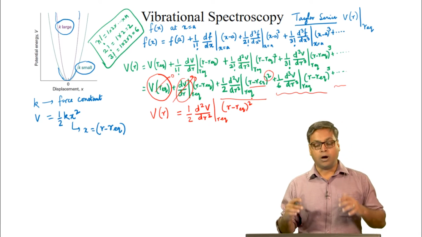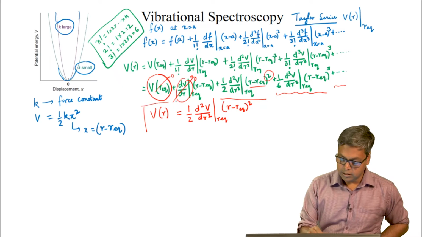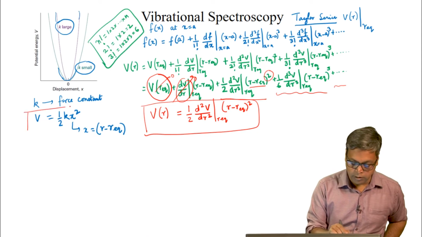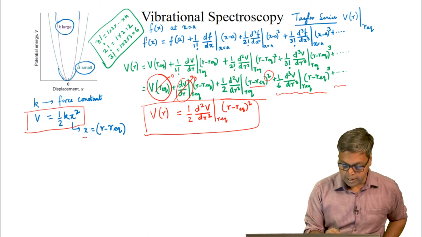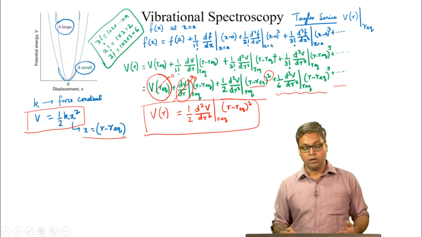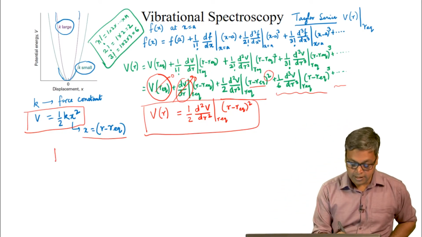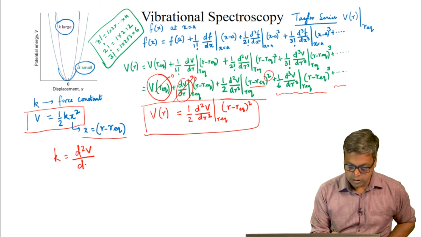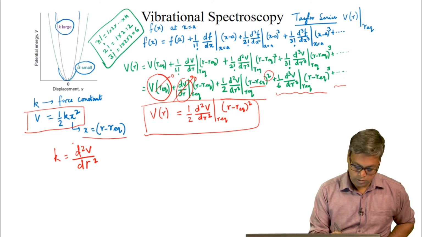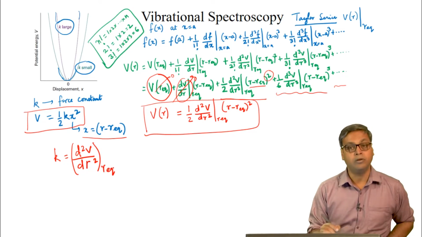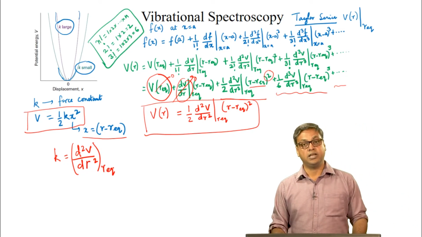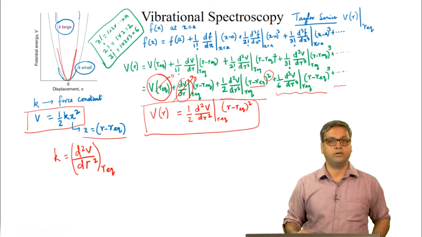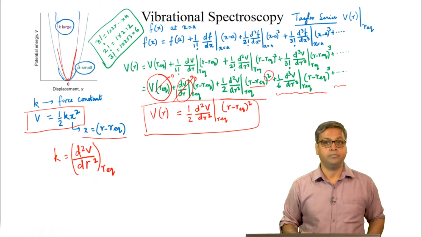If we compare this equation with the equation we have already written, that is V equals half k x squared, where x equals r minus r equilibrium, we can identify that k equals d2V dr2 at r equilibrium.